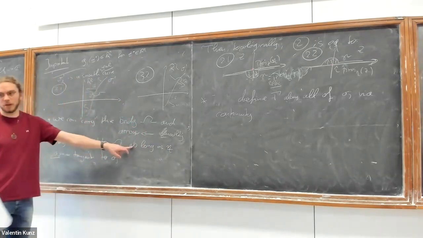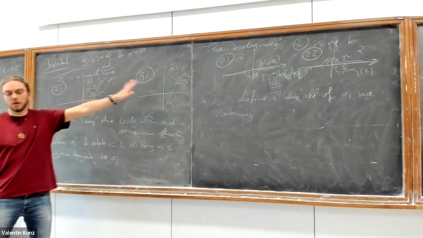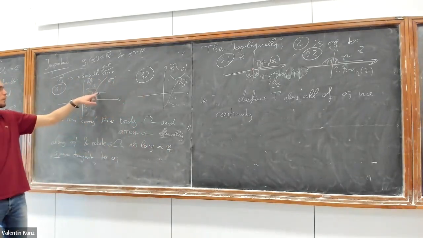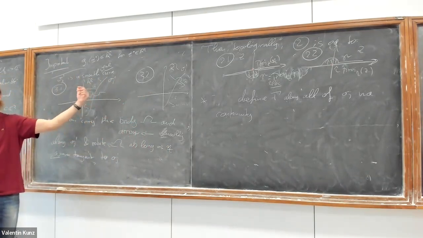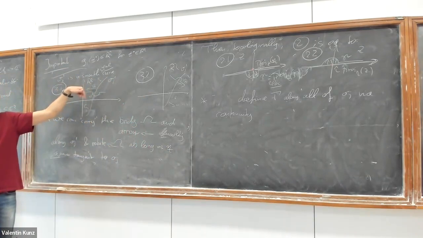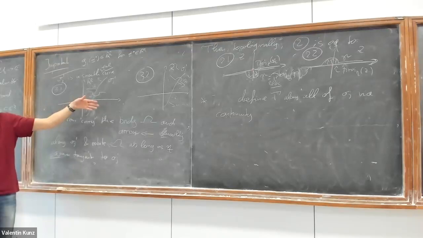Okay, so this is important. So we have either of the two configurations, and the bridge is always pointing to the left of the arrow, right? If you think about looking in the direction of eta, then we draw the bridge like this. So if you make this convention, the bridge is safe.